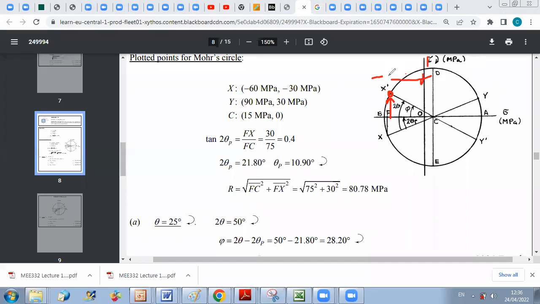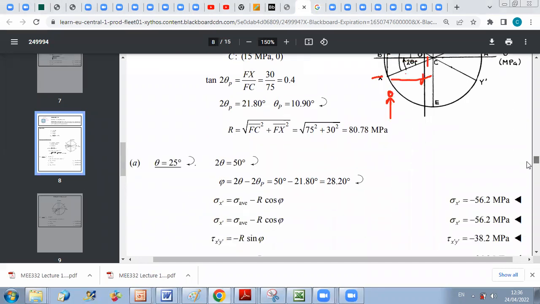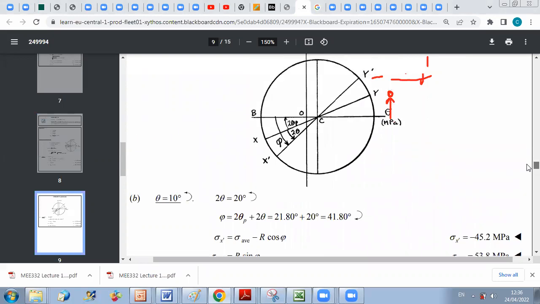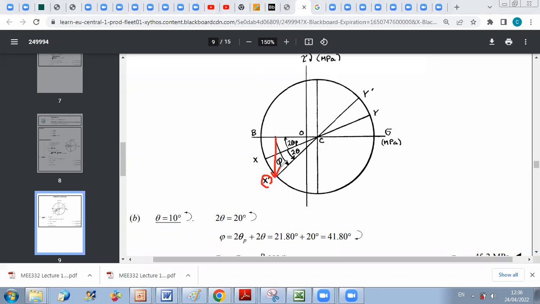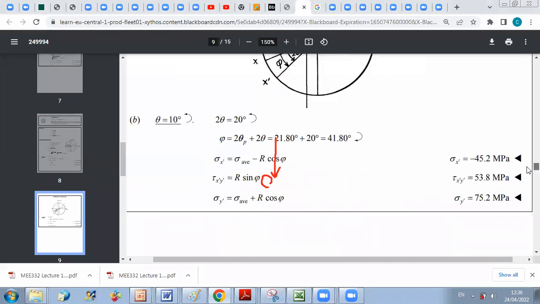However, in the other case, x second is from the lower side. So since the coordinate of x second is negative, this means that tau x second y second here is positive. So geometrically, we were able to find, as we said, the values of stresses for different orientations.